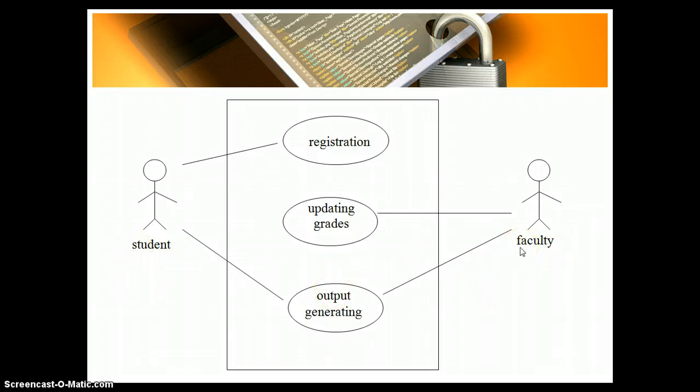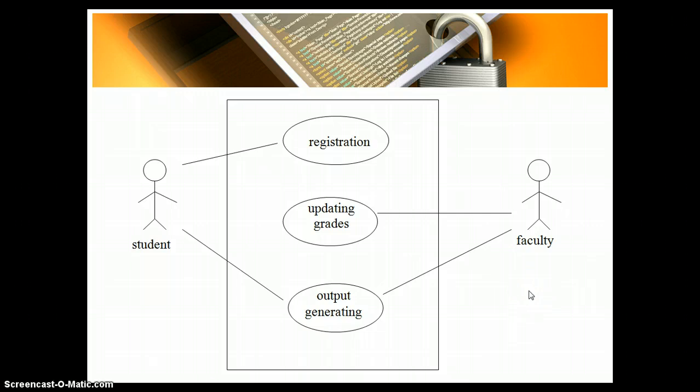The use case diagram tells us which actor is doing which job. These are the jobs: registration, updating grades, output generating. A student can do registration and get the grade. Faculty can update the grade and output the grade. That's all. So from a diagram we can easily understand who is doing what.